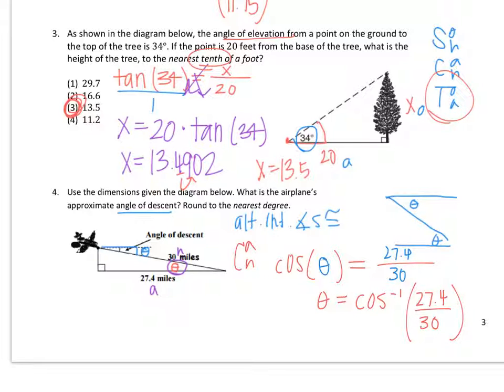Remember, inverse functions are the same button as normal trig, on a TI Inspire that is. So I found theta equals 24.0299, rounded to the nearest degree would then give us theta equals 24 degrees.